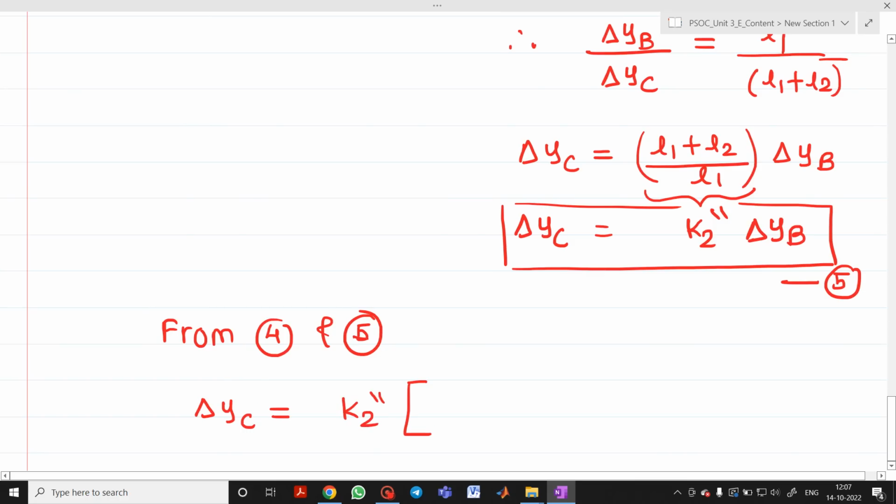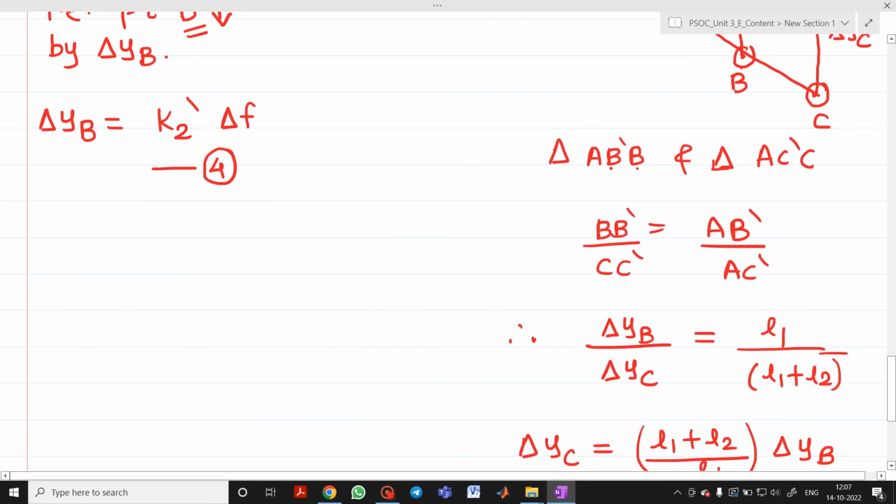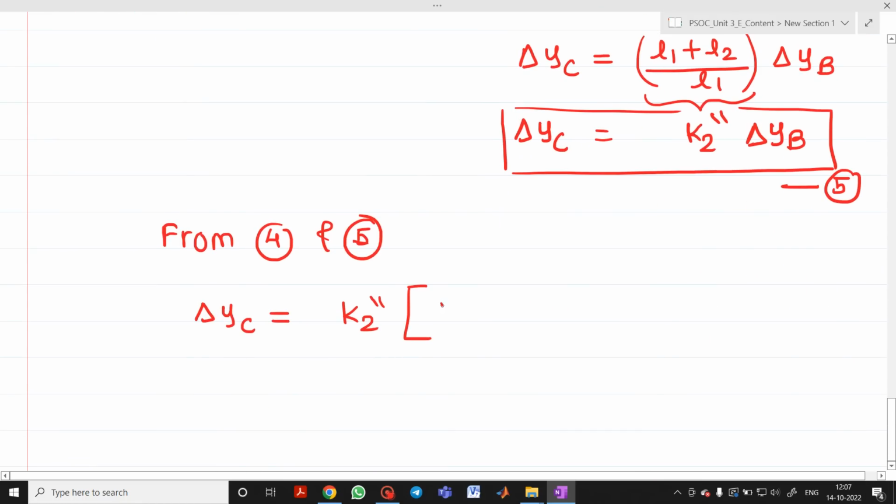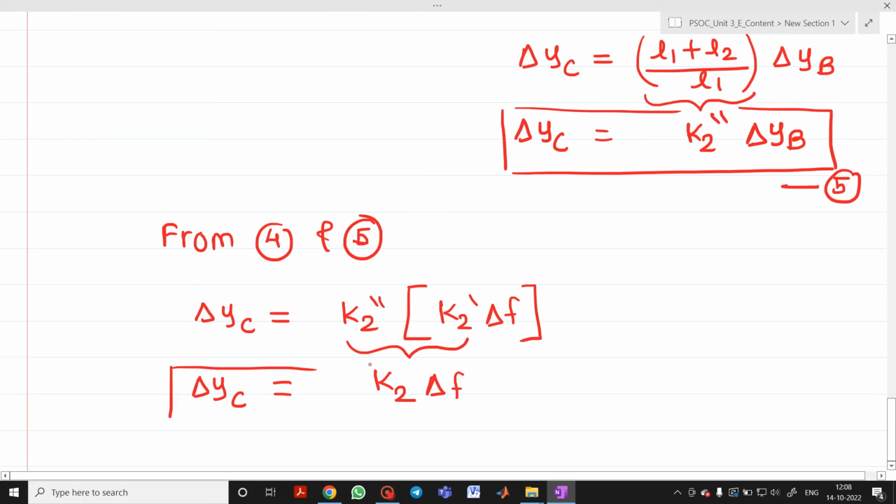Now we know from equation 4 the value of delta YB is K2 dash into delta F. So I will put it here, K2 dash into delta F. For K2 dash and K2 double dash, I will write a constant K2 into delta F as it is. So what you will get here? Delta YC will be equal to K2 into delta F. Mark this as equation number 6.